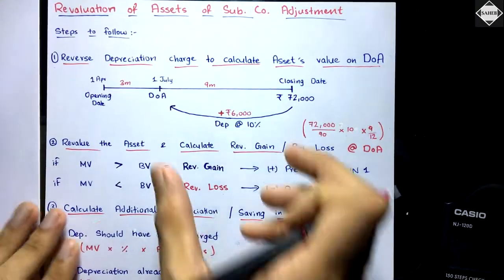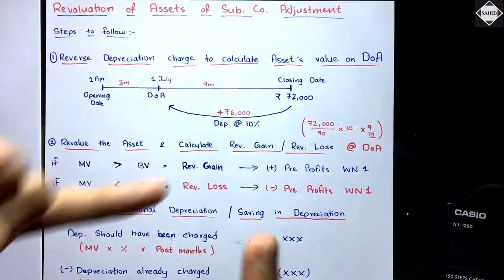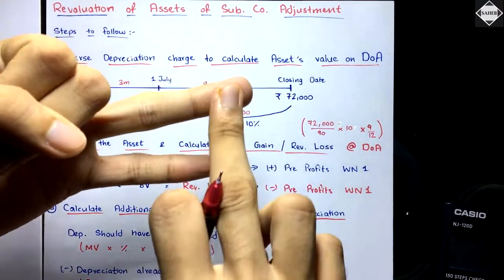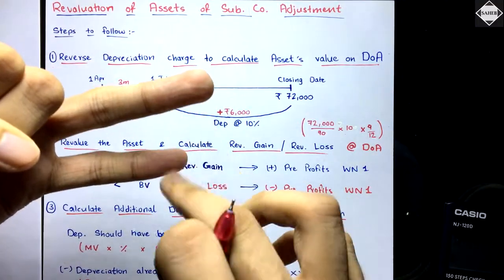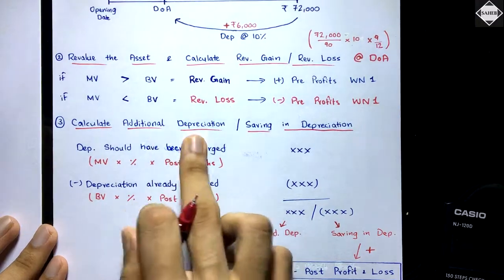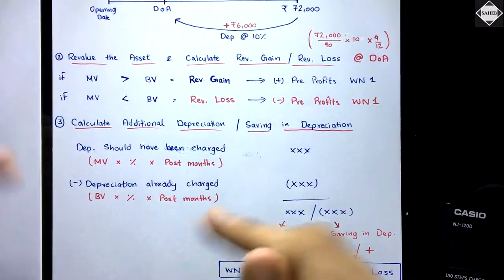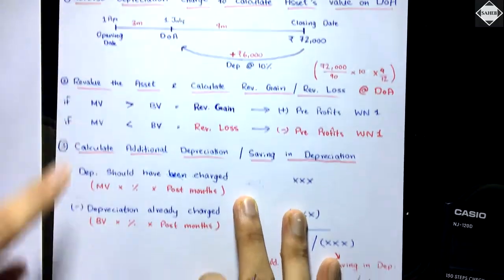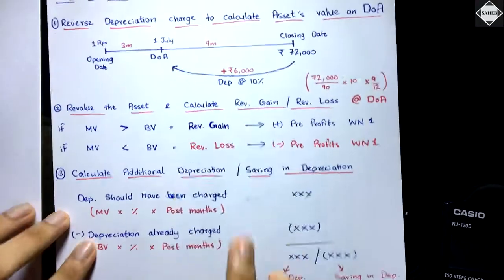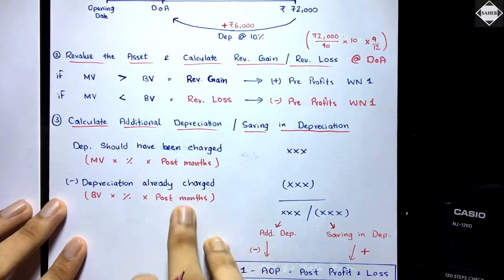We just have to reverse the depreciation charge. After reversing the depreciation charge, you will get the book value on the date of acquisition and the market value on the date of acquisition. Compare them, see whether you have a revaluation gain or loss, and calculate additional depreciation or saving in depreciation. How? Depreciation that should have been charged is on market value; depreciation already charged is on book value, and only of the post period.